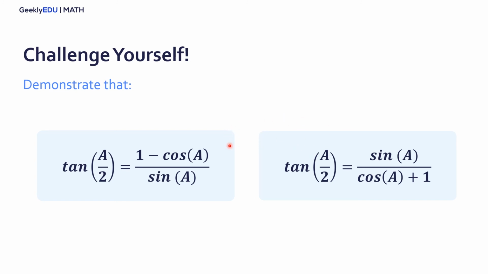So take a look at these two formulas, compare them with the one we've just seen, and do your best to demonstrate that these two equations are also true for the tangent of half an angle.